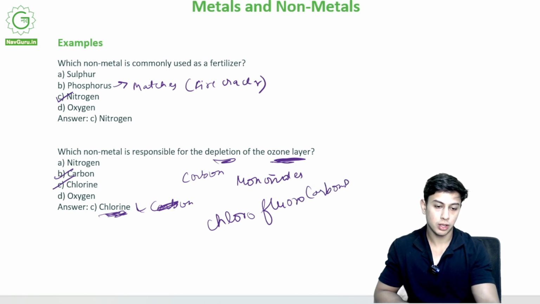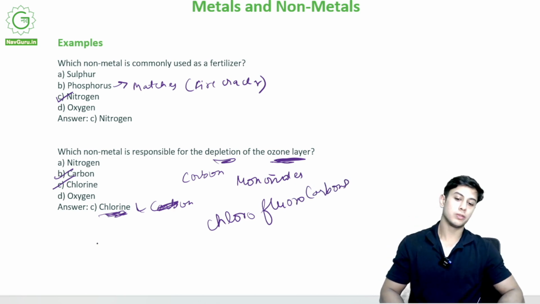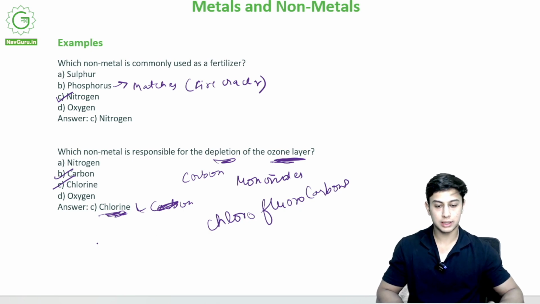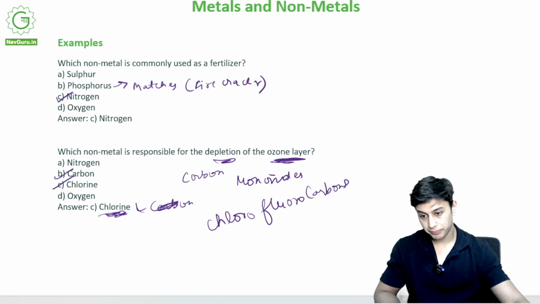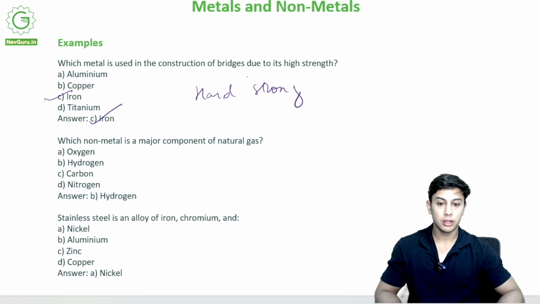Chlorofluorocarbons: the compounds formed with chlorine and fluorine and these carbon compounds that are released from your ACs, from your cars, go into the atmosphere, and they are depleting the ozone layer. What does the ozone layer do? It protects us from the harmful UV rays of the sun.